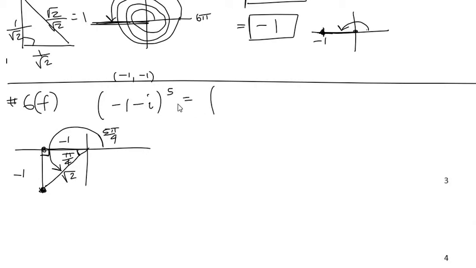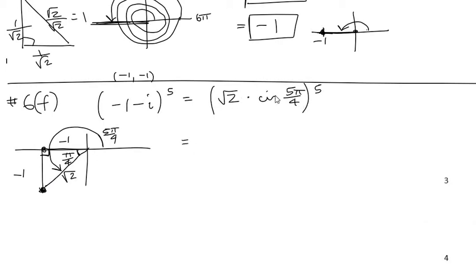So -1 minus 1i is root 2 cis 5pi/4. Okay, so we rewrote this number in modulus argument form by drawing the triangle. And now we're going to apply de Moivre's theorem.